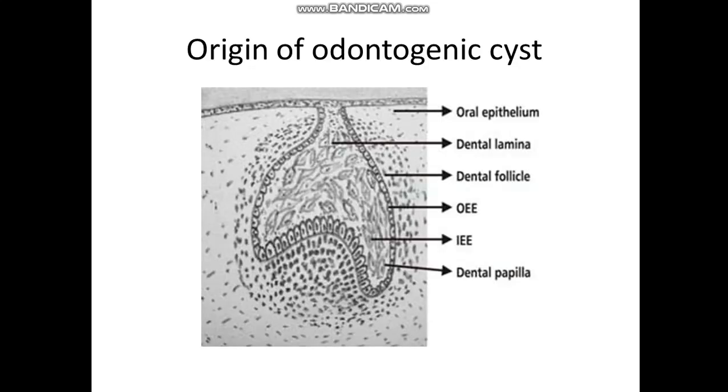So the tissue that most commonly is related to the tooth formation or tooth development, and the cystic lesion might arise from this tissue.